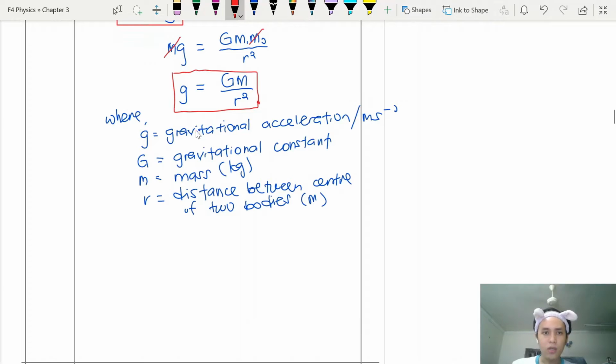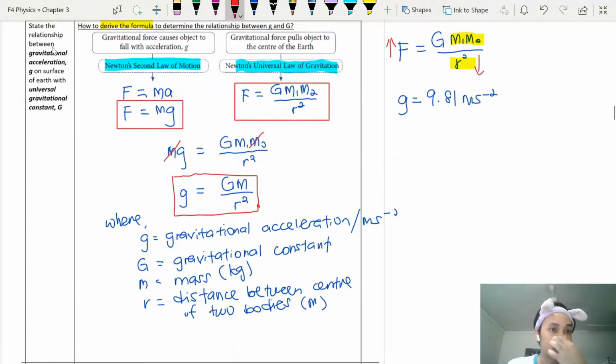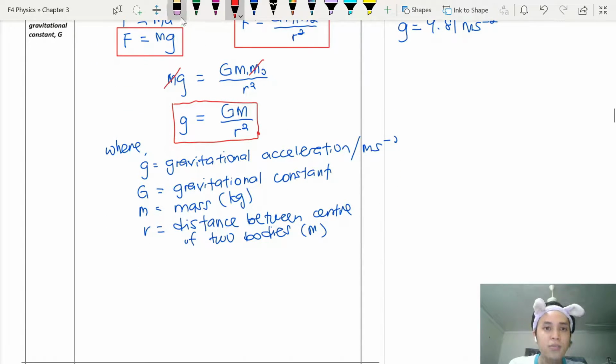Now here, they want you to determine the relationship between the gravitational acceleration and also the gravitational constant. In terms of mathematics, we always do this: we look at the equation and then we determine the relationship.